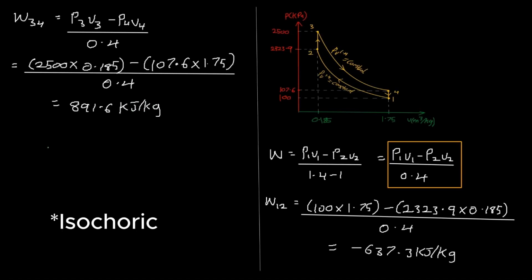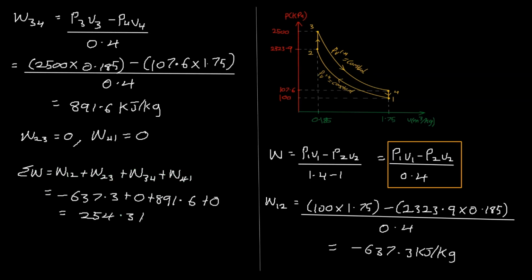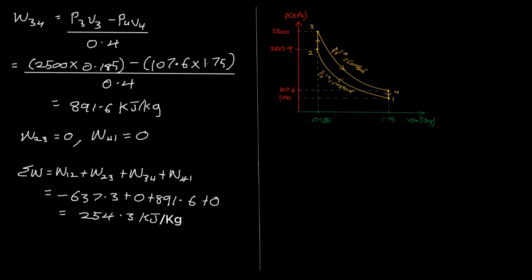For the isobaric processes, work done equals 0. So W23 equals 0 and W41 equals 0. The net work done for the cycle is equal to W12 plus W23 plus W34 plus W41. And this gives us 254.3 kilojoules per kg.